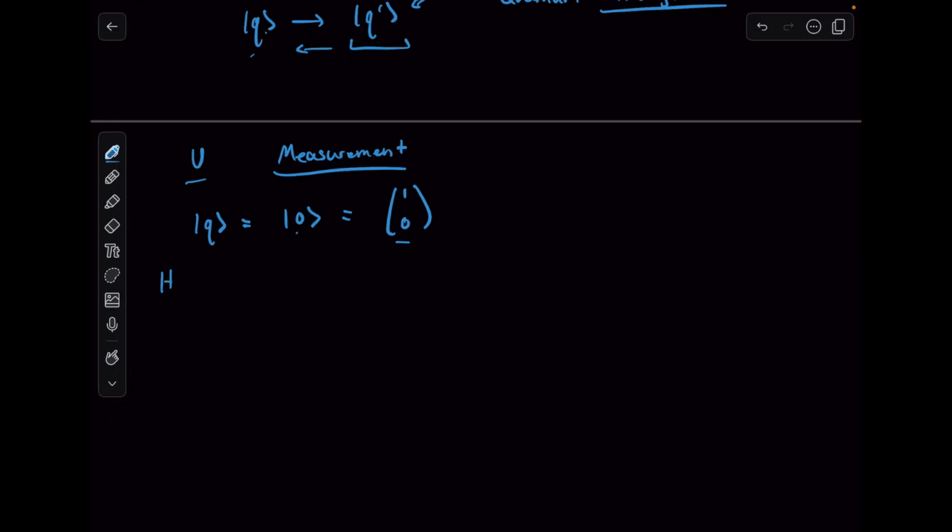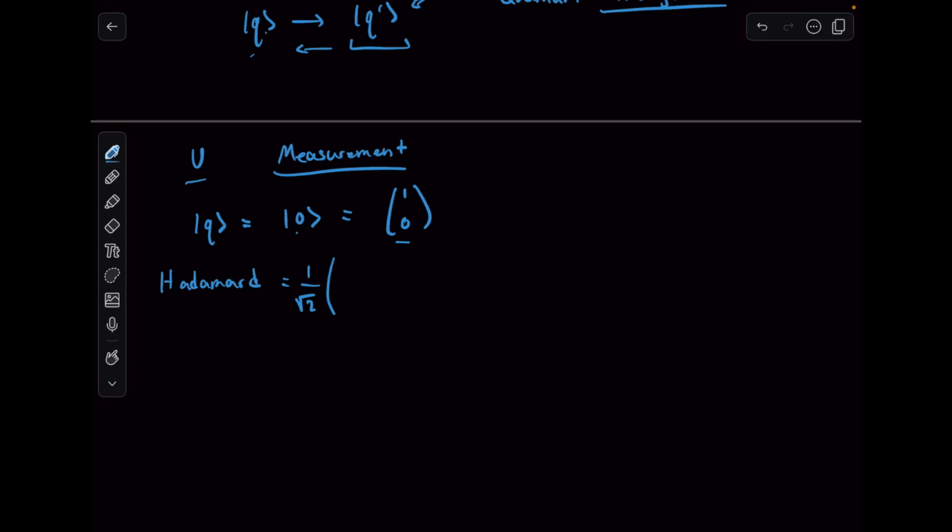So this is a matrix called a Hadamard, and it's a very important transformation that you tend to use a lot in quantum circuits. In fact, most quantum circuits begin with Hadamards, and the reason why it's important is because it puts your state into an equal superposition. So the actual matrix looks like this.